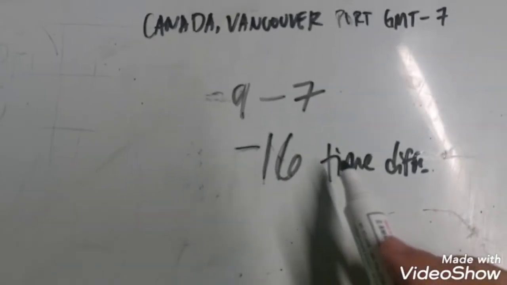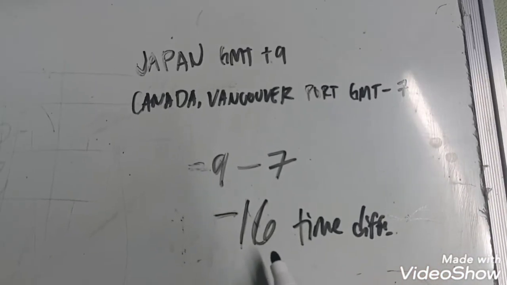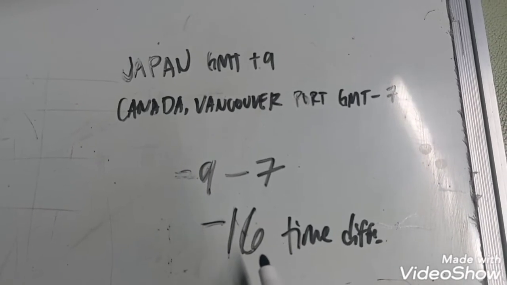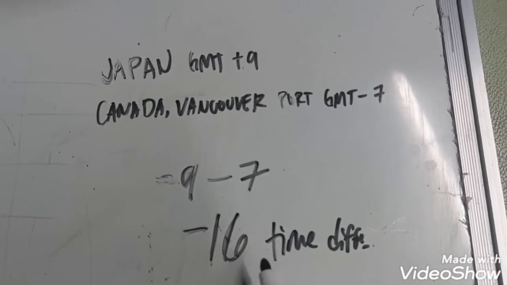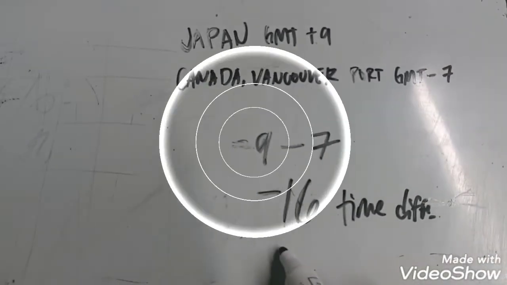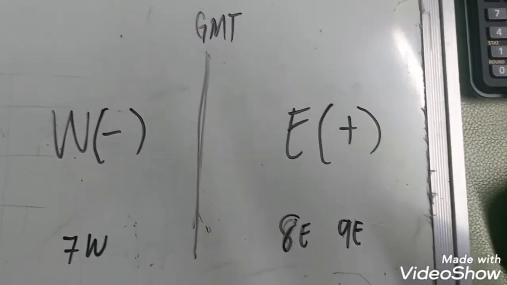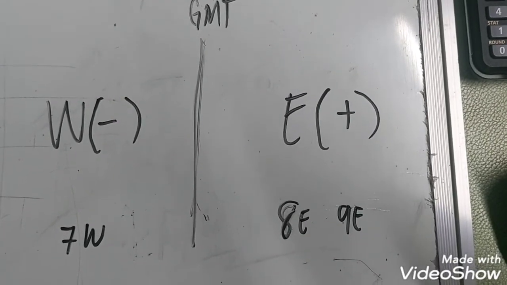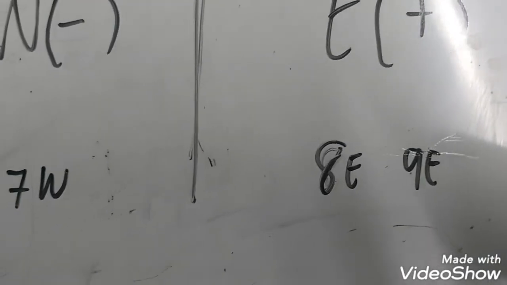You will subtract this from your steaming time for you to be able to establish your local time in your port of destination, which is Vancouver port, Canada. Sometimes you will encounter a problem where there is no sign but there is a direction.